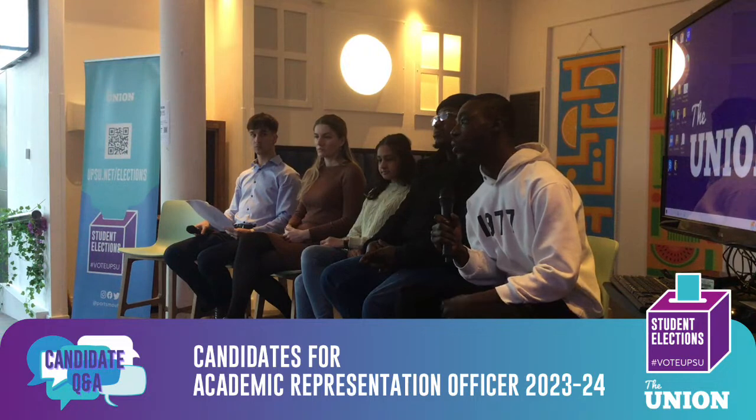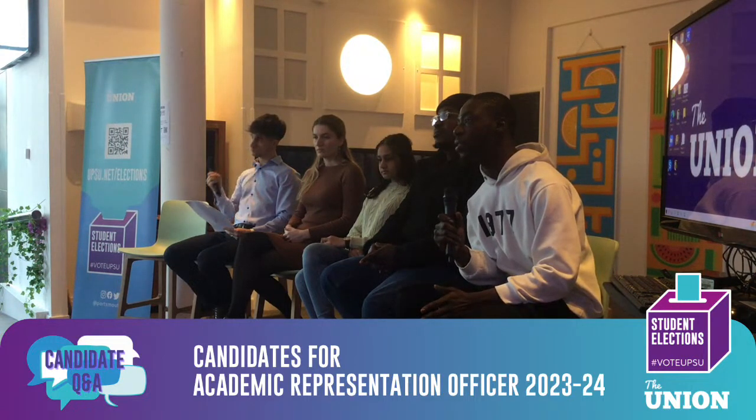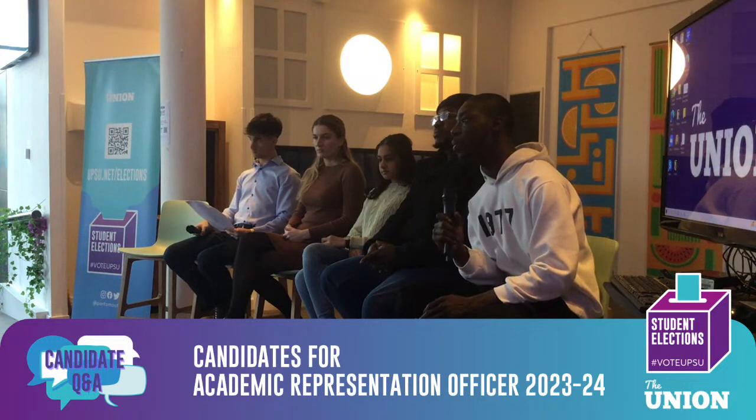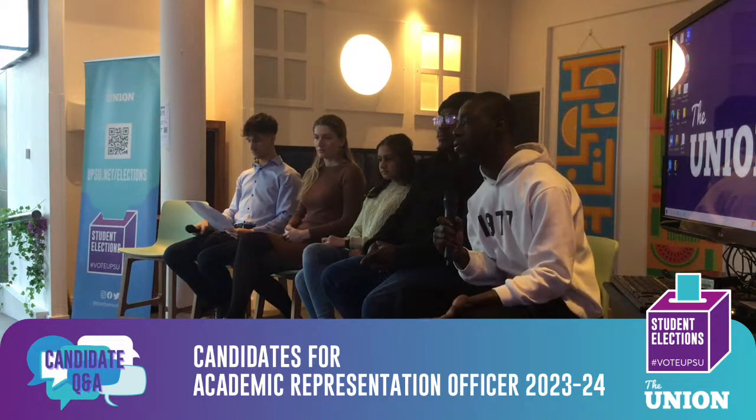It will be a form of constant evaluation, whereby each month I'll be able to know what problems they are facing at this moment, and then I'll be able to solve that in line with the management by talking to them: these are what the students are facing currently, these are the things we need to put in place, these are the things we need to do.